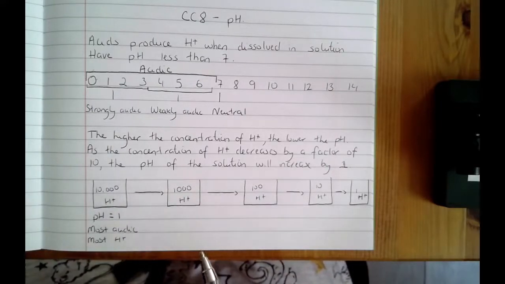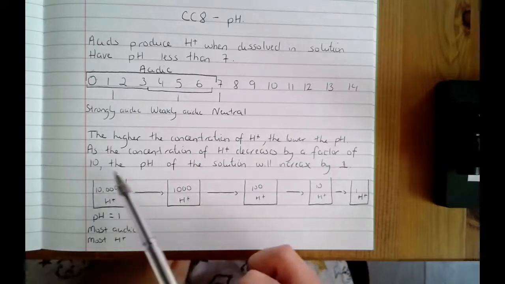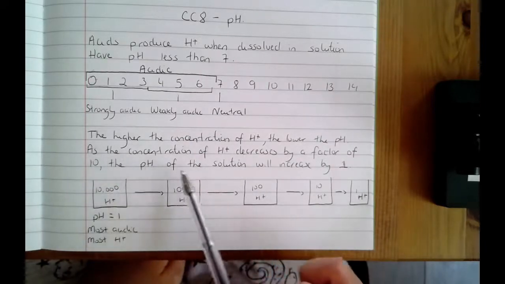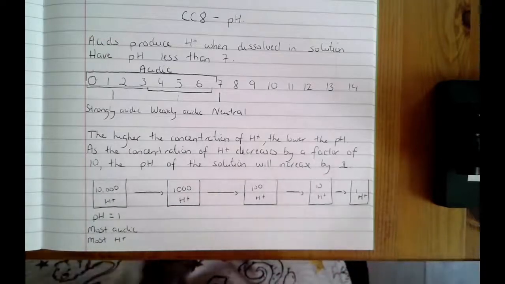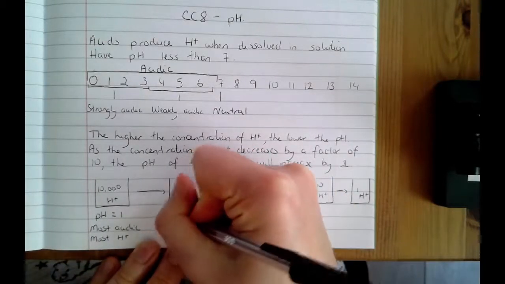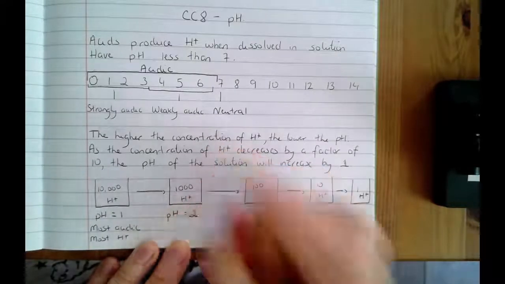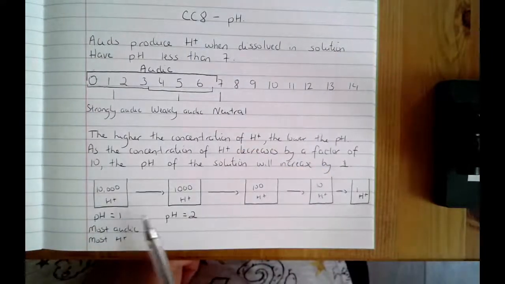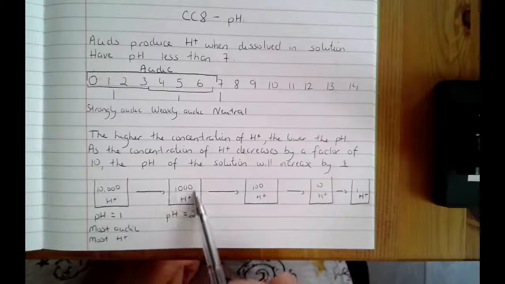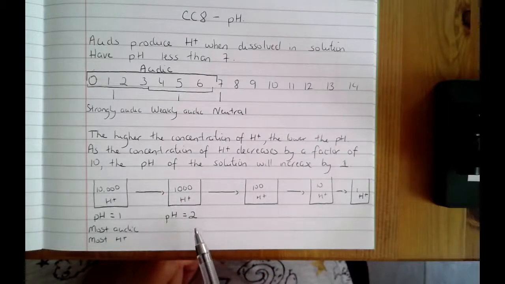If it decreases by a factor of 10, the pH of the solution will increase by 1. That means that this is going to be pH 2. The pH is increasing by 1 because the number of H+ ions has decreased by a factor of 10.